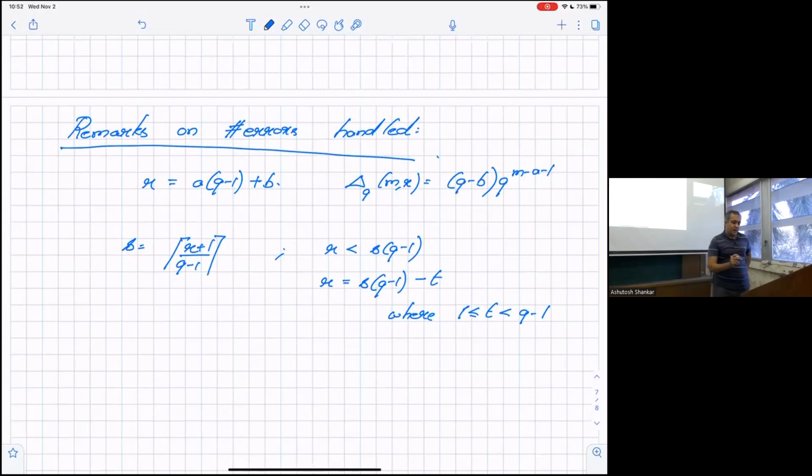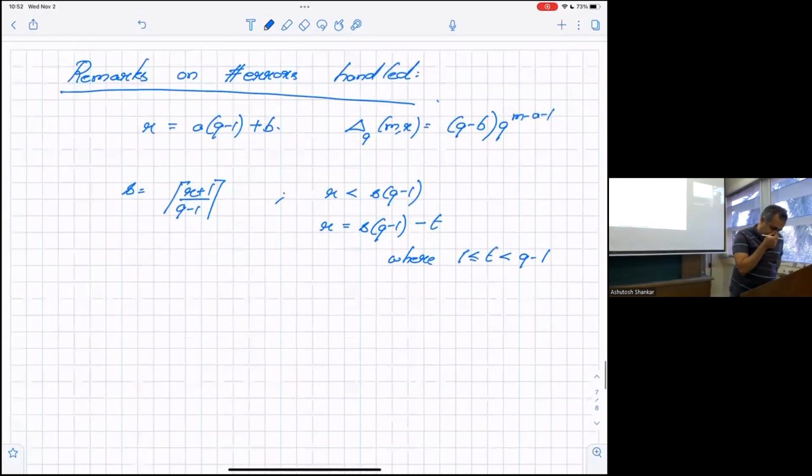So notice, in this language, the number of errors handled is q to the power m minus s by 3.